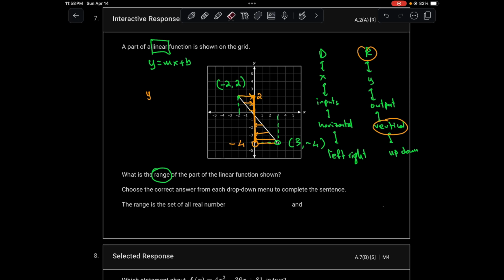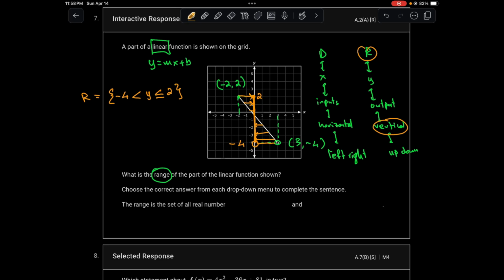If there is something missing, its projection is going to be missing too. Okay, so we have Y is going to be below 2, it's going to be less than 2, but it can touch 2, so it can also be equal, and it's above -4, so it's greater than -4, and it cannot touch it. So that would be the range. Usually we put those in braces, and let's write it like that.